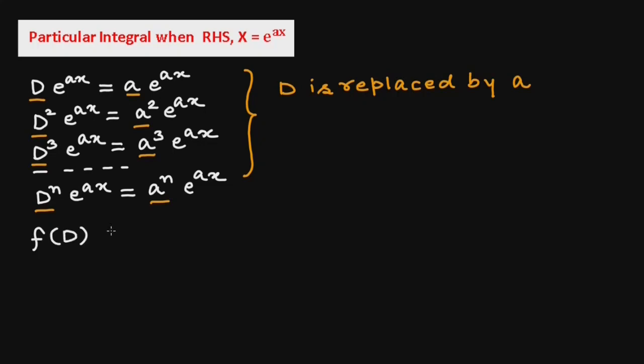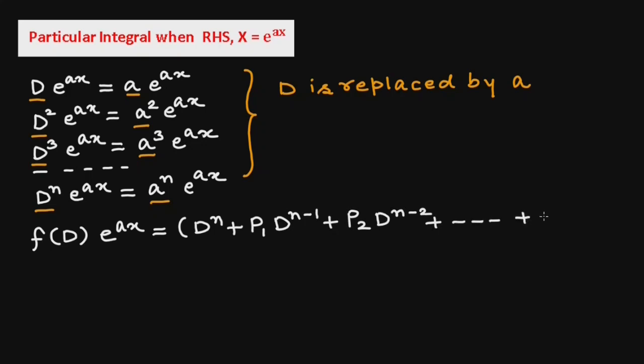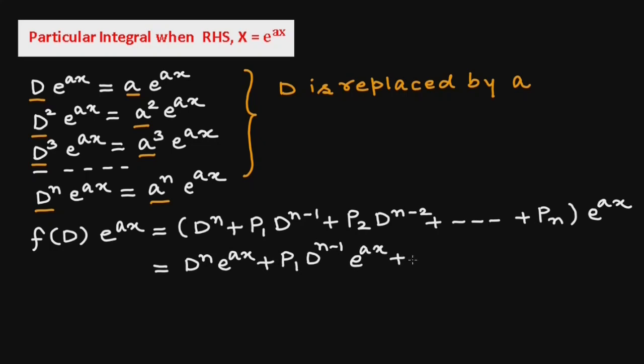So f(D) e raised to ax will be D raised to n plus p1 D raised to n minus 1 plus p2 D raised to n minus 2 plus so on and so forth plus pn into e raised to ax, which will be D raised to n e raised to ax plus p1 D raised to n minus 1 e raised to ax plus p2 D raised to n minus 2 e raised to ax plus so on and so forth plus pn e raised to ax.